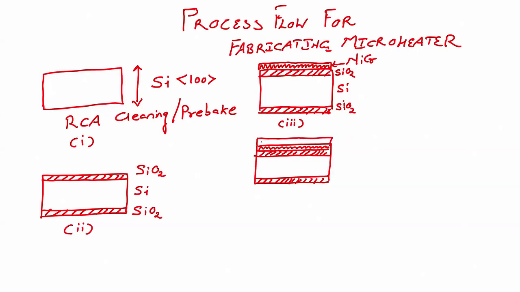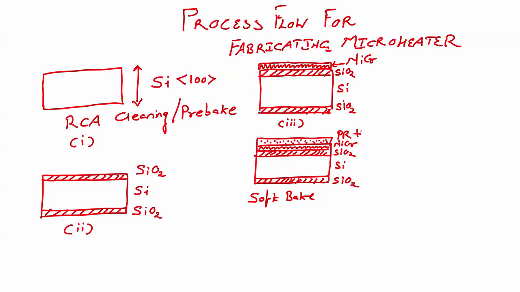We show photoresist by a dotted pattern so that we can distinguish between different layers. This is your photoresist, then your nichrome, then your silicon dioxide, then silicon, then silicon dioxide. After spin coating photoresist, we have to perform soft bake.